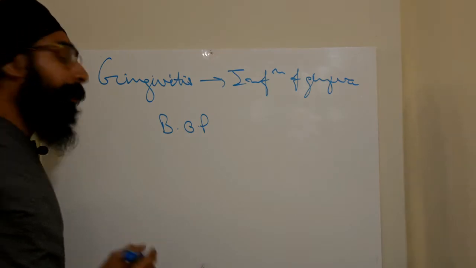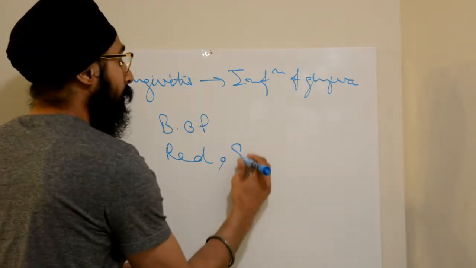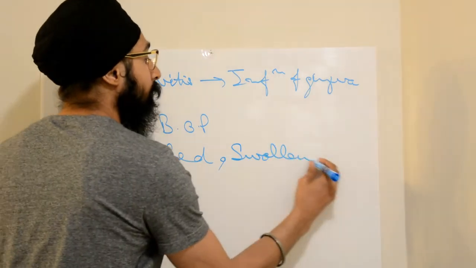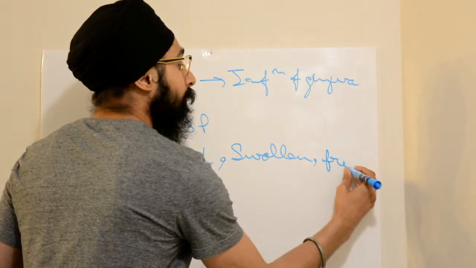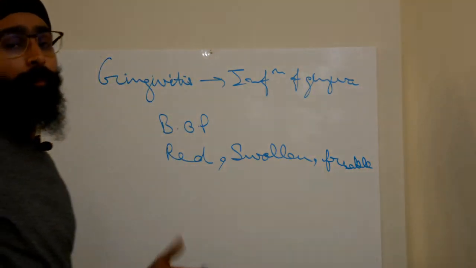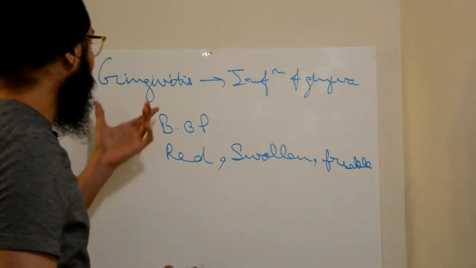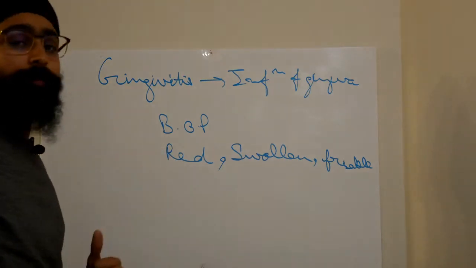Then the gums may become red, they may become swollen, or they may become friable, and that is, the gums will not be firm anymore. Thus, these are the features of gingivitis.